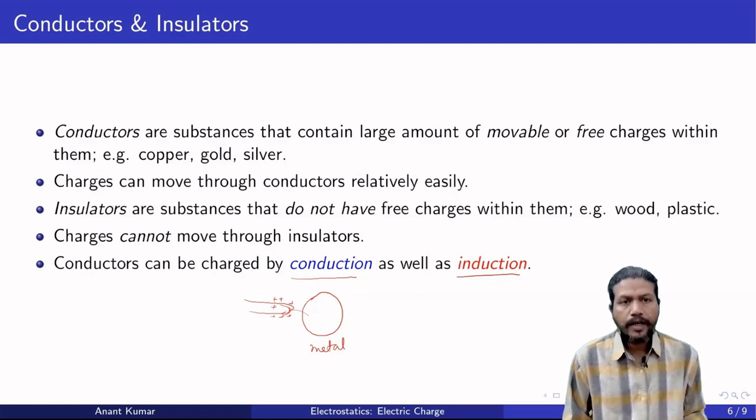On the other hand, in induction, we do not directly touch the metallic sphere. Instead, what I could do is have a metal sphere on a wooden stand. So the stand is an insulator. It's a metallic sphere which we have placed on a wooden stand.